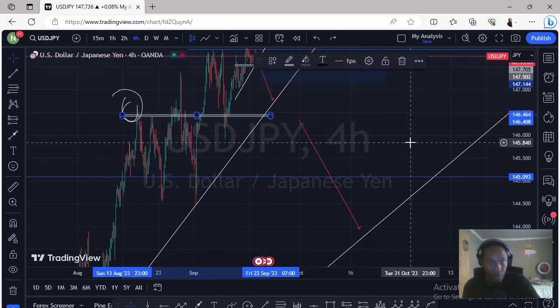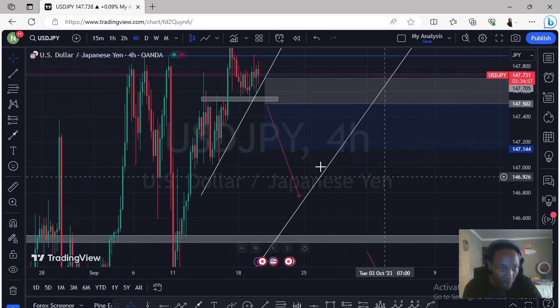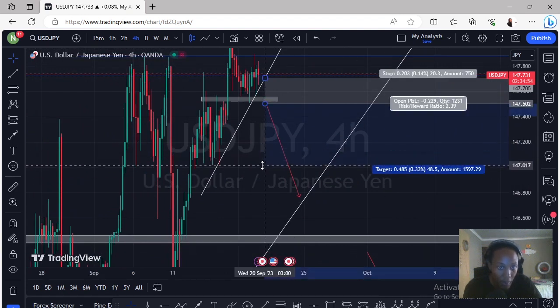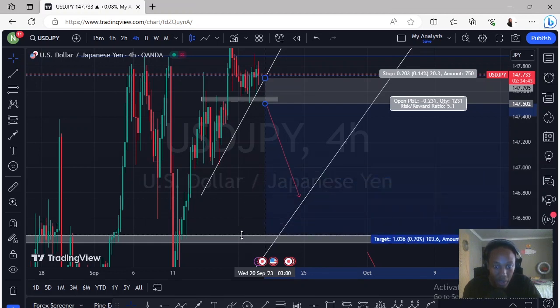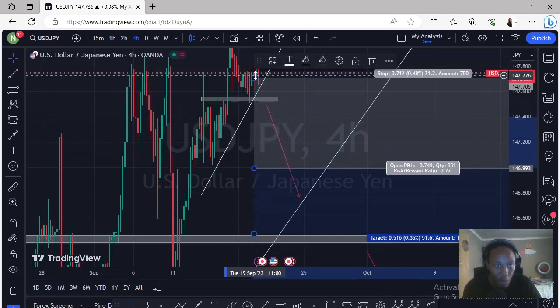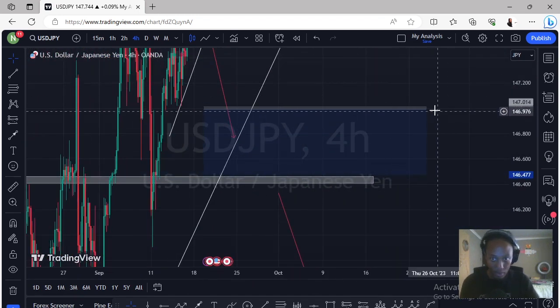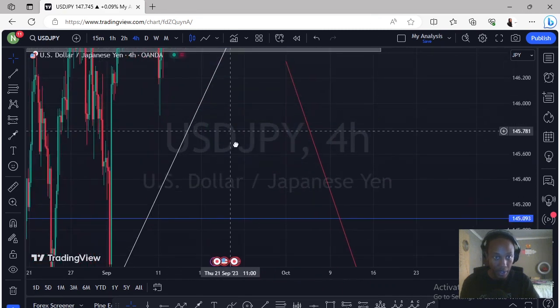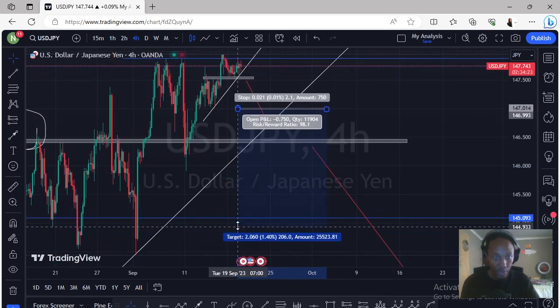Let's see how you can scale your trade over here. 40 pips, so you can move your stop loss to break even when it reaches this level. And also when it reaches this other level over here, you can move it to the previous zone area, targeting this area over here, and also this one over here.